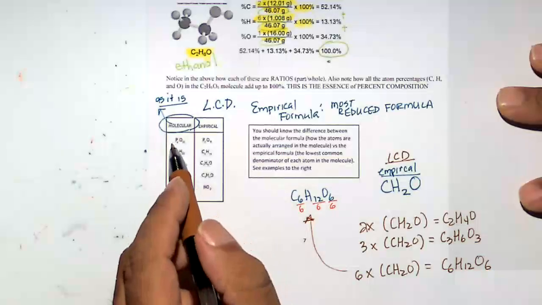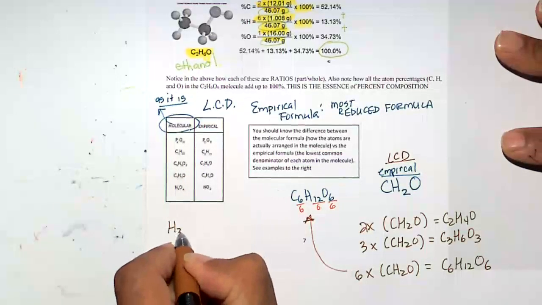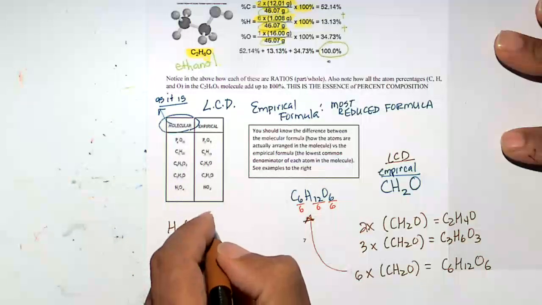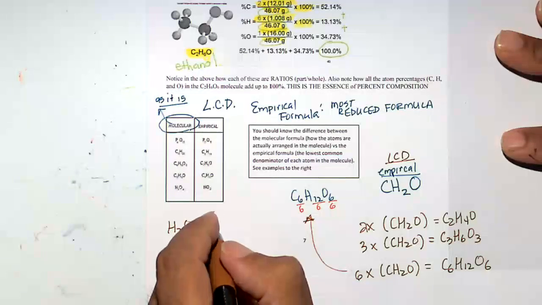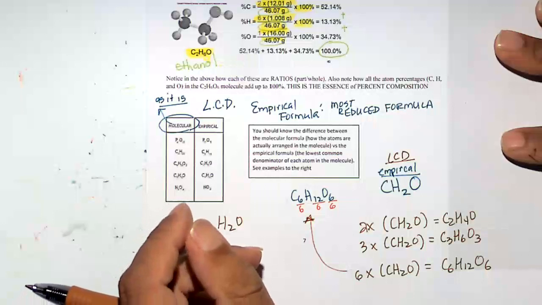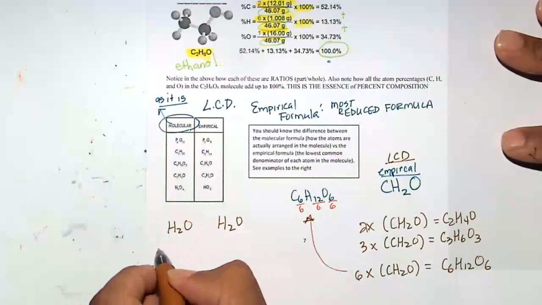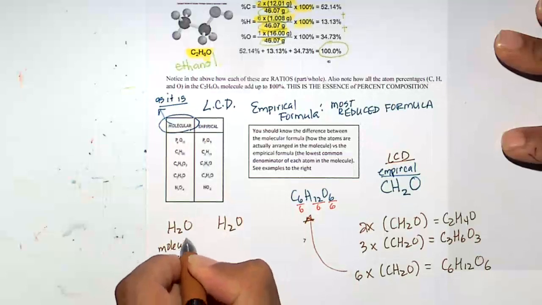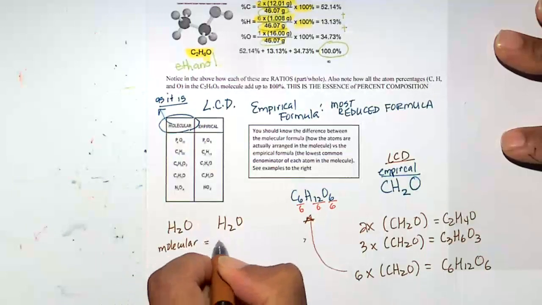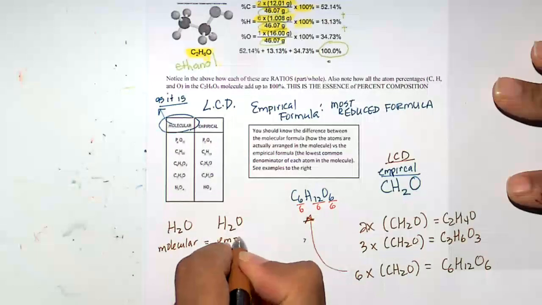One thing I want you guys to know: the molecular formula and the empirical formula can be the same. Take, for instance, water. What's the empirical formula for water? You cannot reduce it anymore, so it's going to be H2O. So here, the molecular formula, water H2O, is the same as the empirical formula because you cannot reduce it.